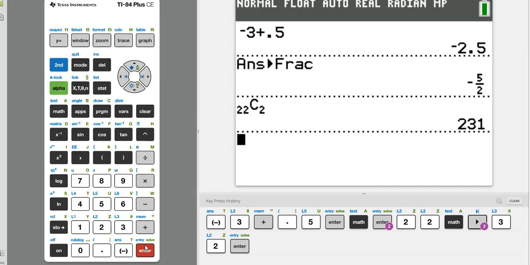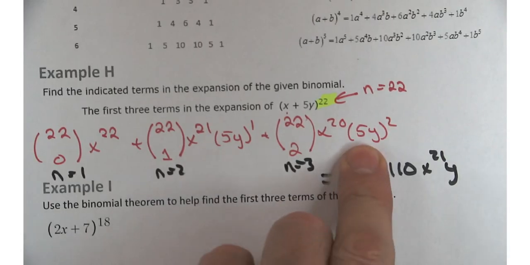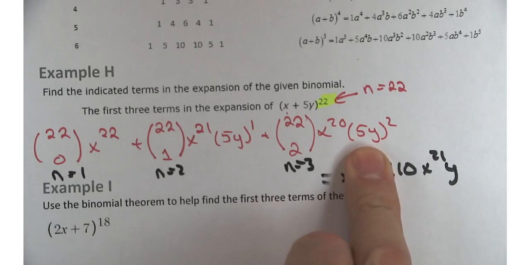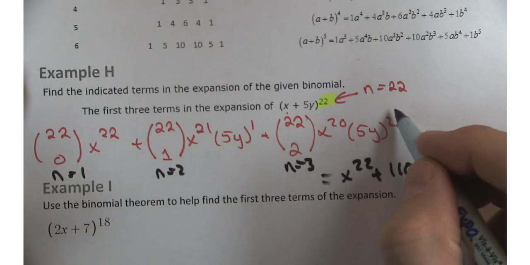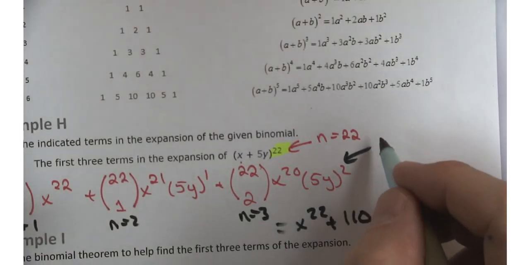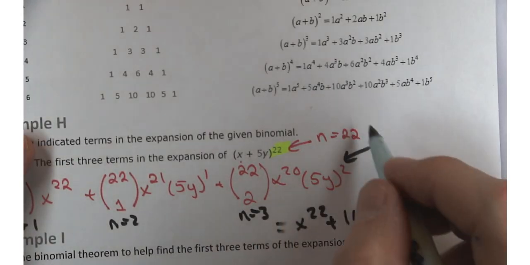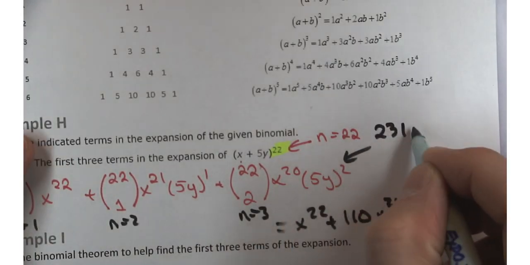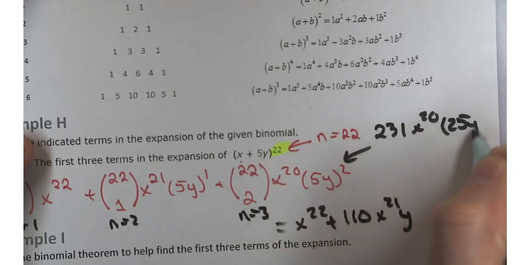Now that 231 is going to have to multiply something. Let's keep in mind that I've got a 5 squared and a y squared. So this term here is going to end up being 231 times x to the 20th times 25y squared.